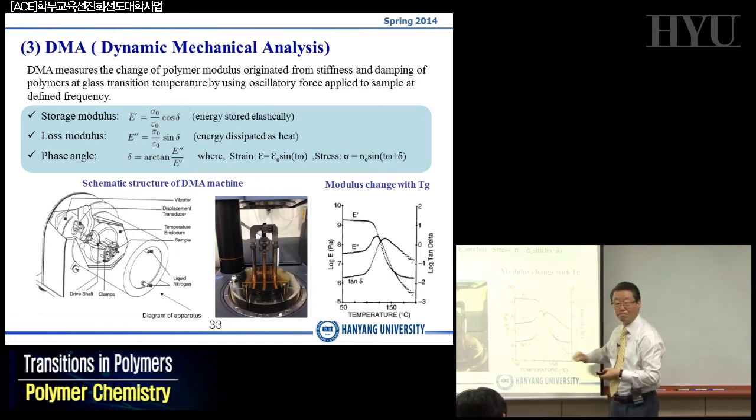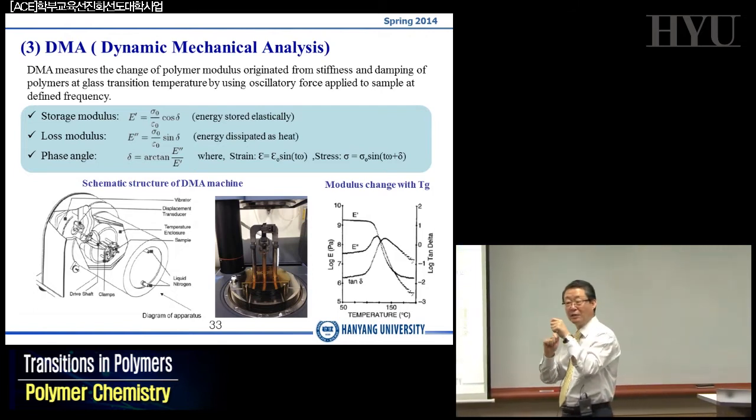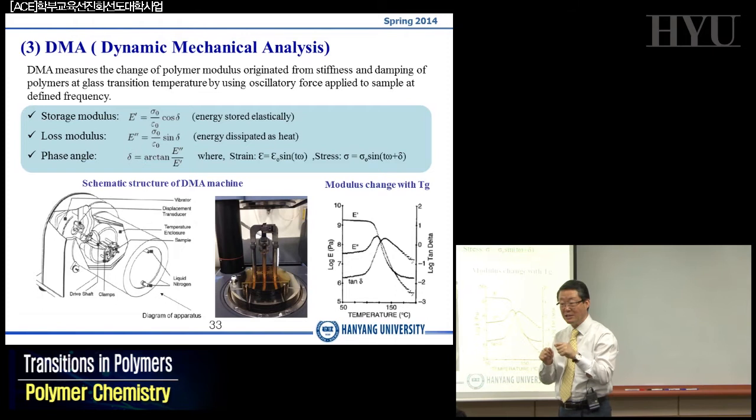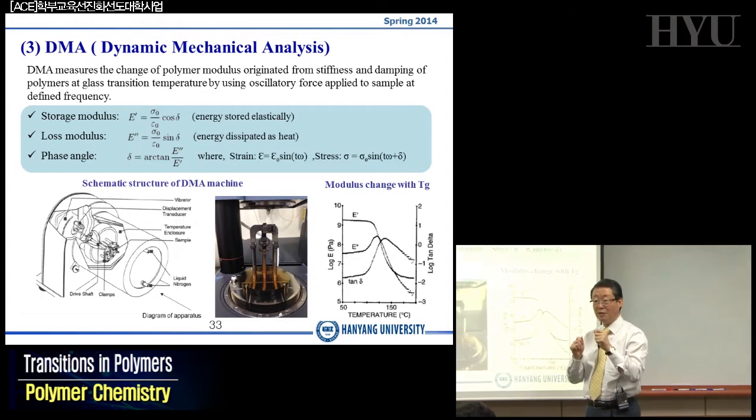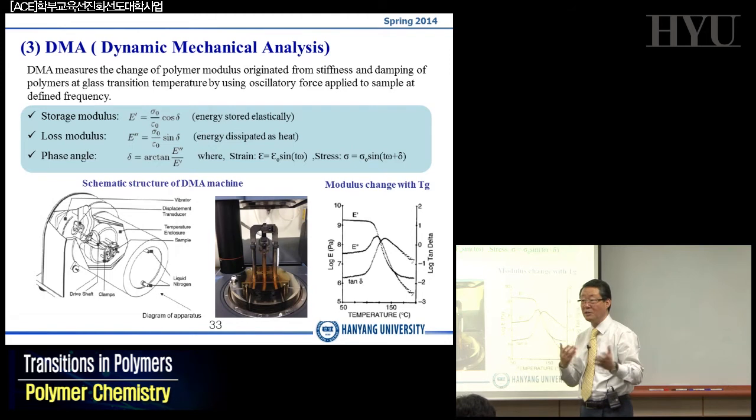So the DMA, dynamic mechanical analyzer, is much more sensitive to measuring the glass transition temperature than the DSC. DMA is much more versatile than the DSC instrument.